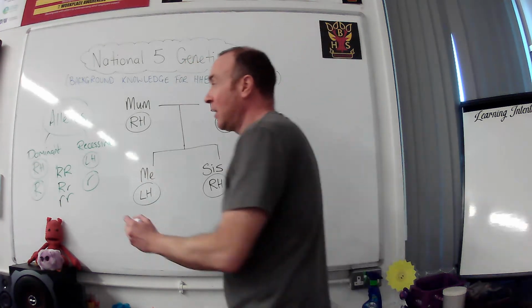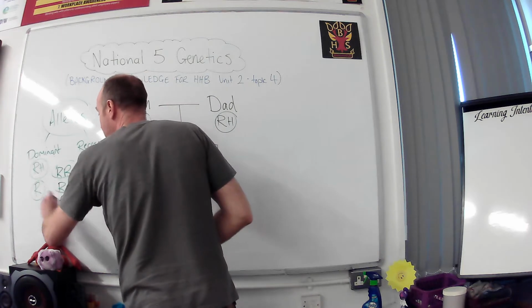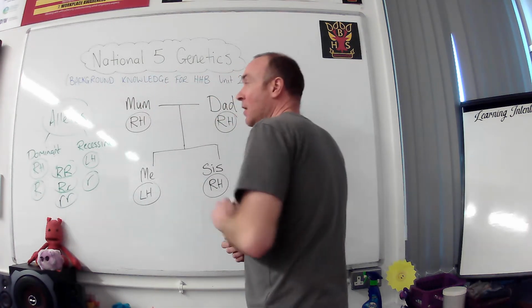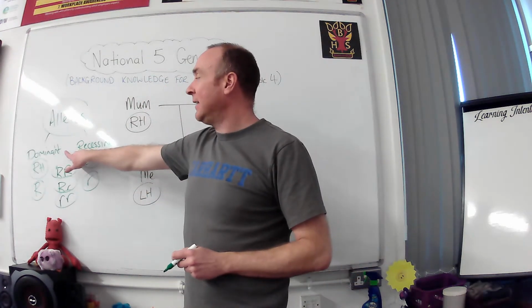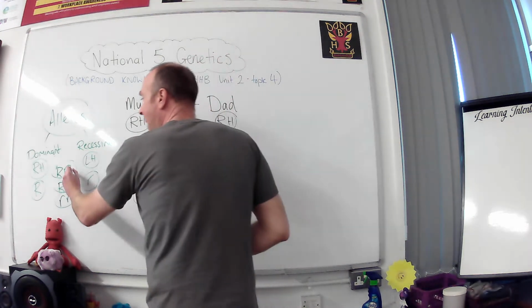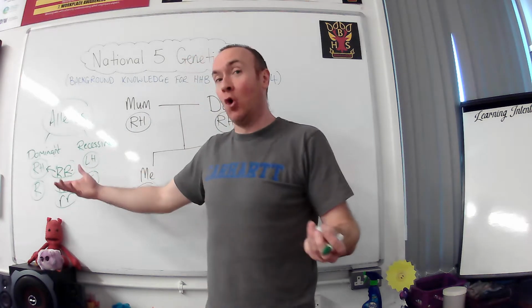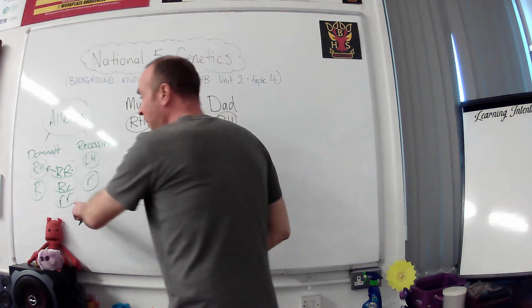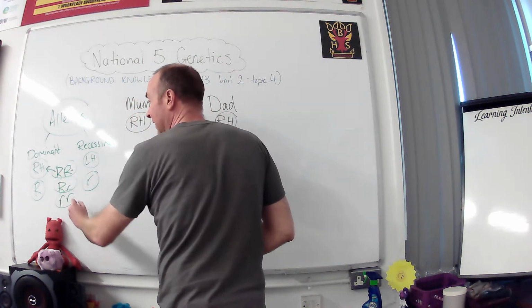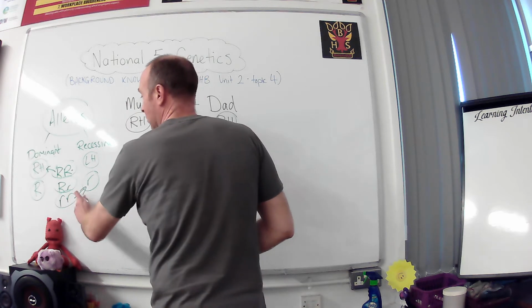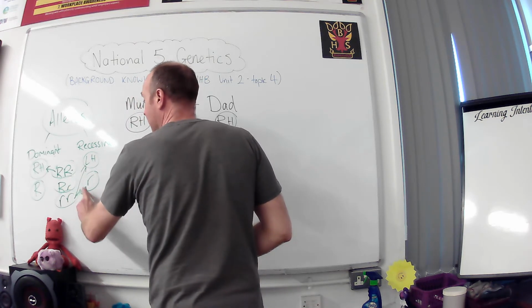But those are the only three combinations of R that you can have, right? Clearly the first person is going to be right-handed because they've inherited two right-handed genes. This person here has inherited two left-handed genes, so he's going to be left-handed.